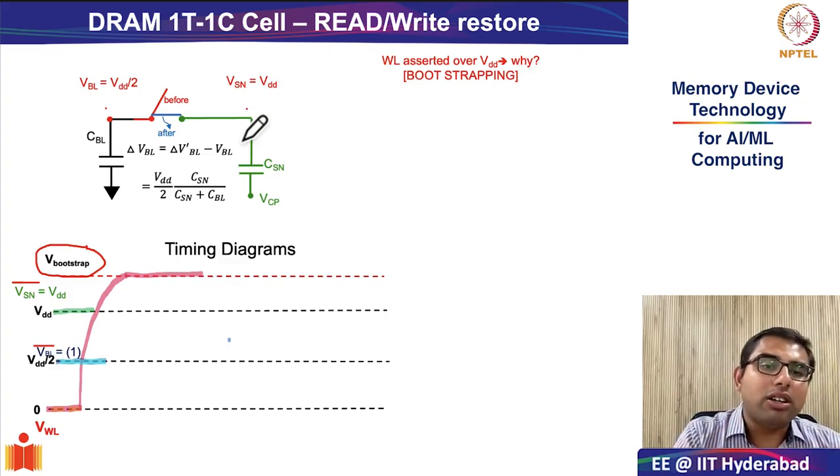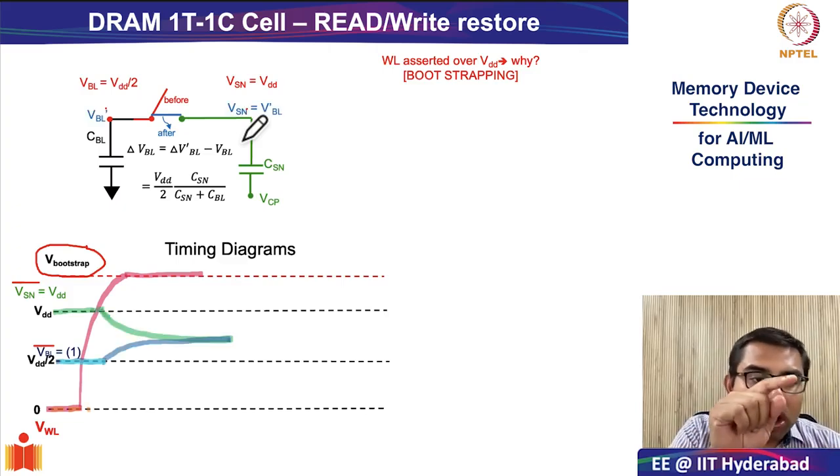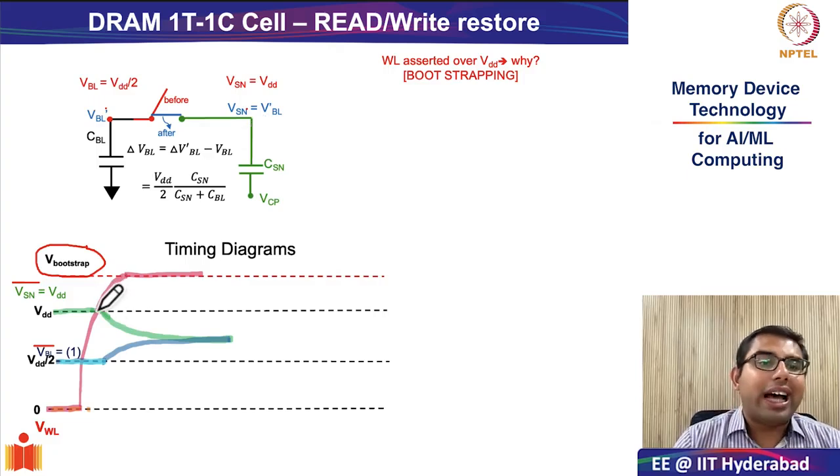And as a result, due to charge sharing, the voltage on the storage node, as indicated by the green highlighter mark, will start coming down, and the voltage on the bit line will start rising up, right? Voltage at the bit line was VDD by 2, at storage node was VDD.